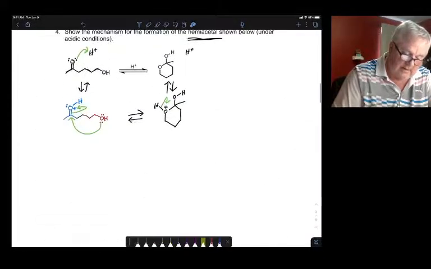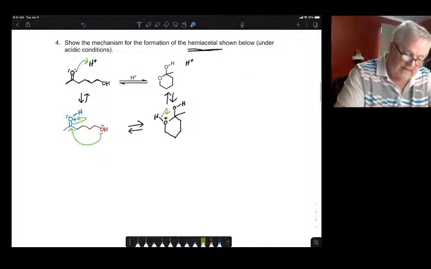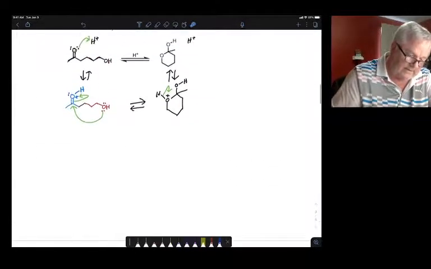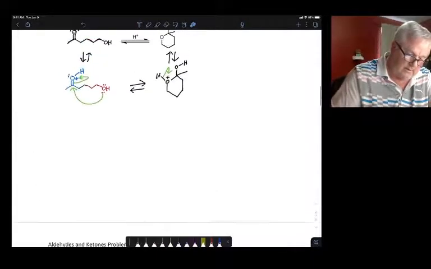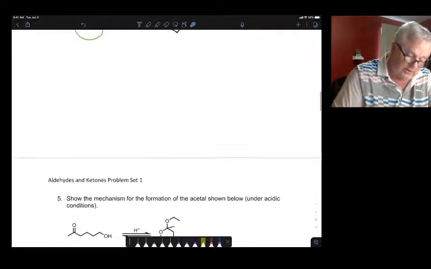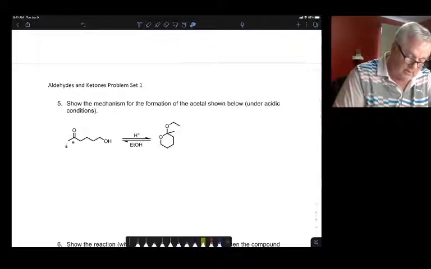So let's go ahead and draw the hemiacetal from this, because it's the same starting material. Notice that we have the same starting material. 1, 2, 3, 4, 5, 6 carbons OH. So we can do the same thing.